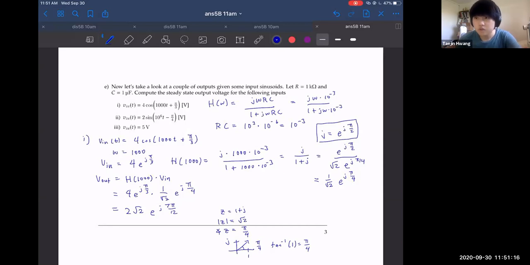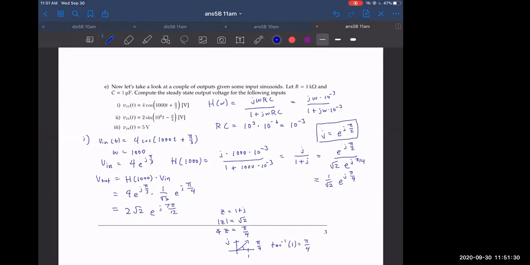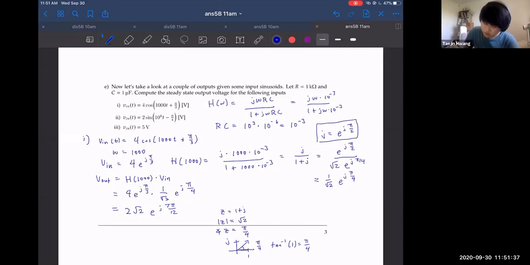I know I went through this a little quickly, but any questions about the whole process of what went on here? Can you just go through one more time how you got the angle of z, with 1 plus j? Yeah. So this is the arctangent of 1 over 1, right?